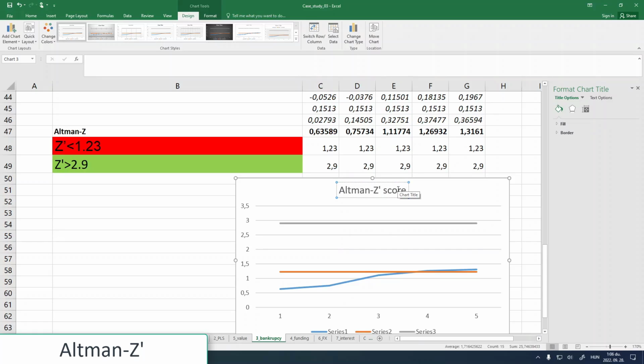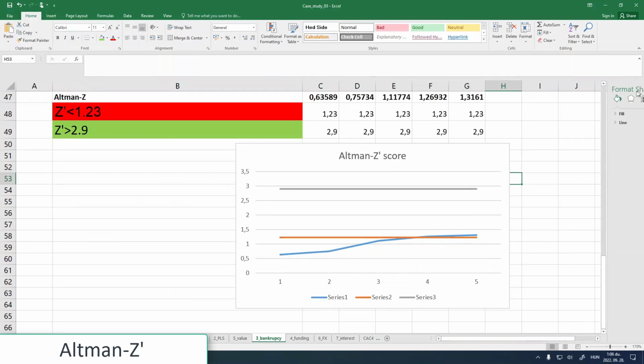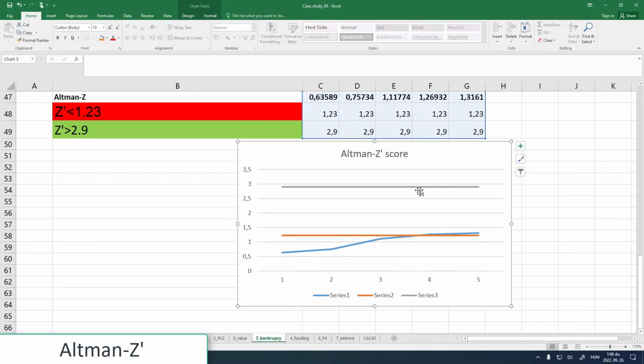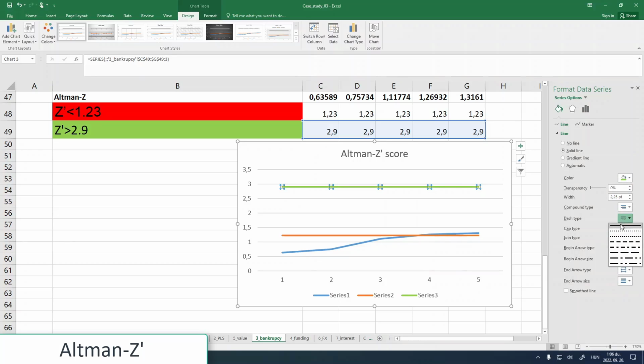We are using this Altman-Z apostrophe because the original Altman-Z was for publicly listed companies, and the apostrophe is for private companies. So that's the reason why we have this. Now we can color them up, so we can give it a welcoming green line. It's also dotted because it's just a threshold.